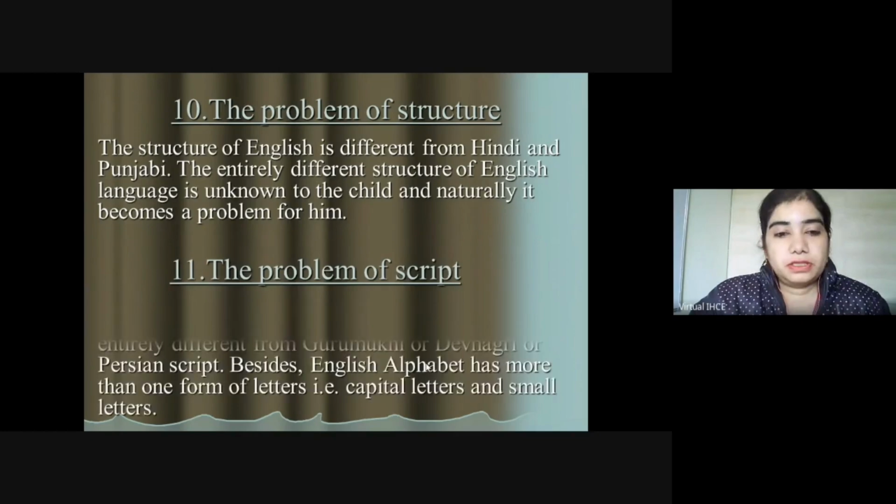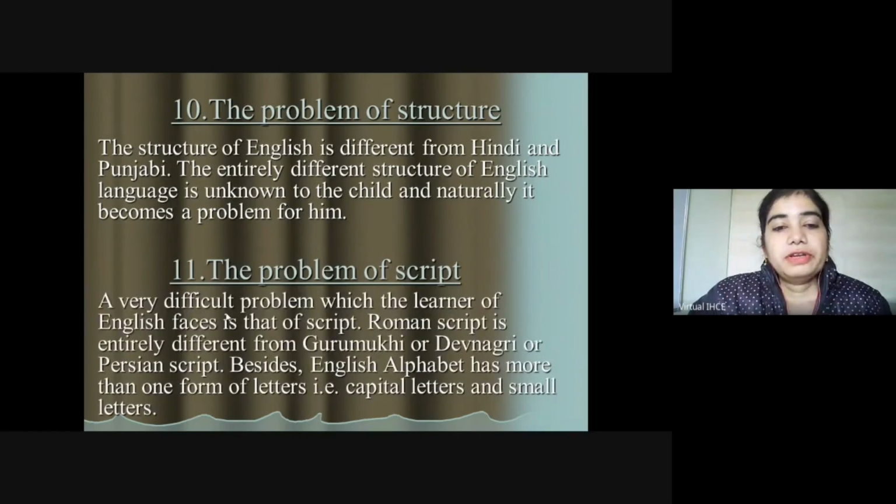Problem of script. A very difficult problem which the learner of English faces is that of script. Roman script is entirely different from the Gurumukhi or the Devanagari. Gurumukhi is the Punjabi script and Devanagari is the Hindi one which we are using, or the Persian script.